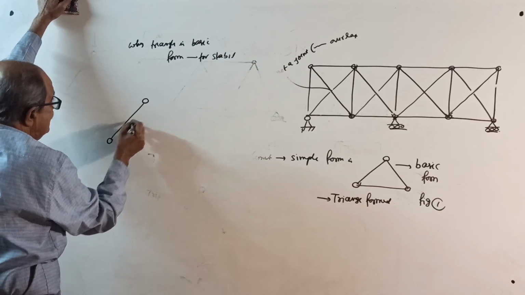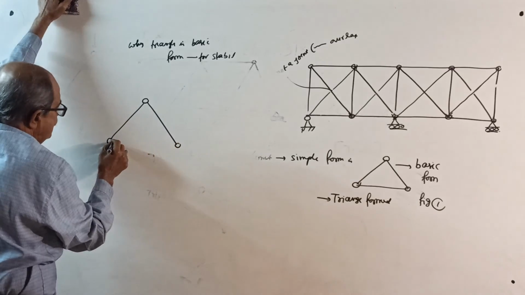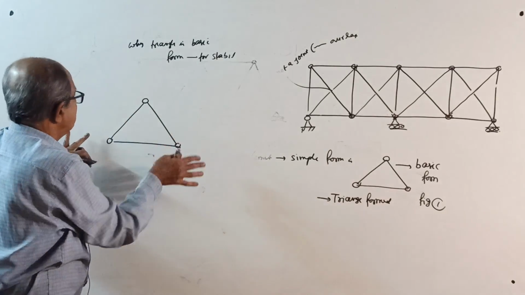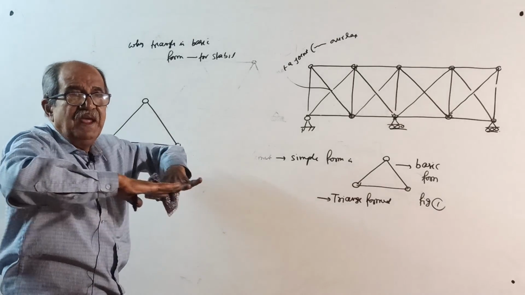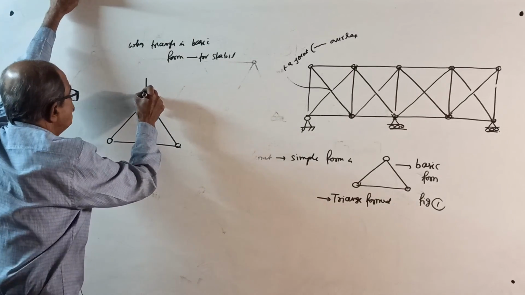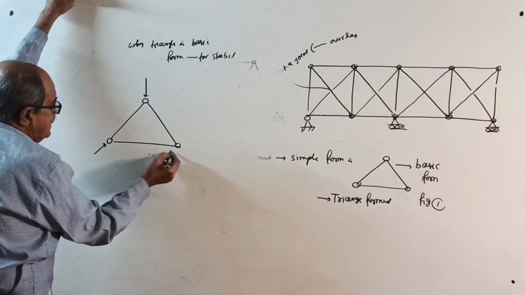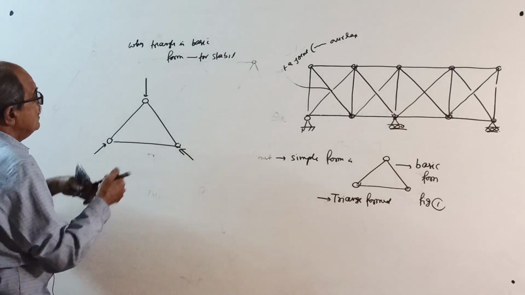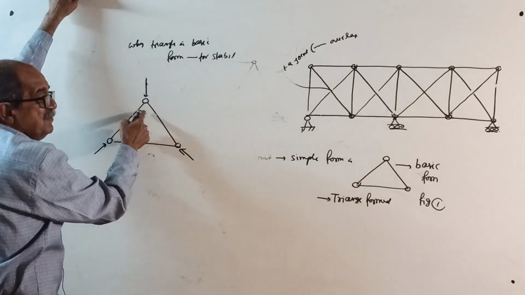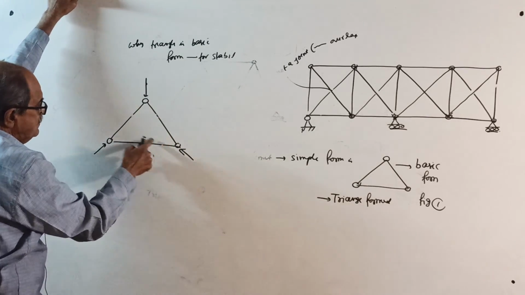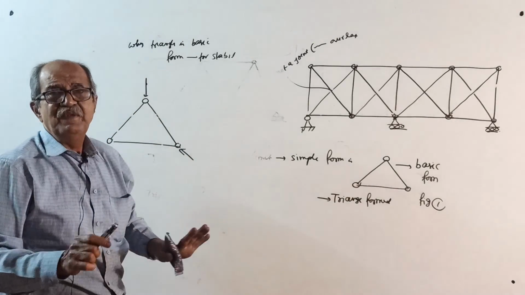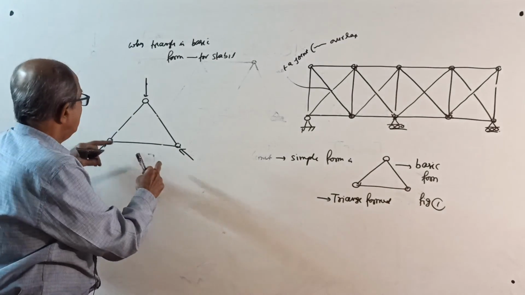Imagine supports are not there. You spread it on a plane and then apply some loads here. What will happen? This will be stable. The load will be split up into parts here. This will be stable. Nothing will happen. Common sense, in triangle form.